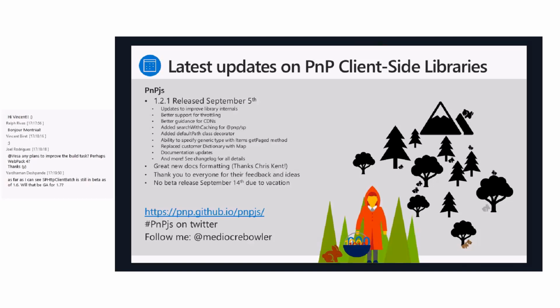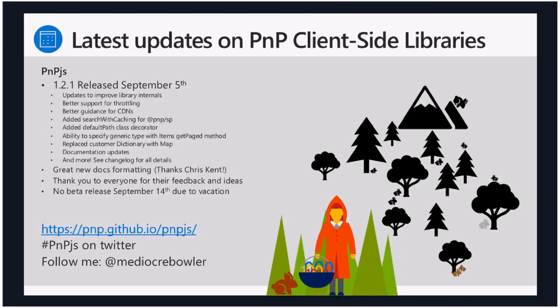And 1.2.1 was released on September 5th, so that's roughly a week ago. And there have been a lot of improvements on the code base. There's a new documentation platform. We aligned our documentation platform in the PnP, because PnP JS was using a slightly different model, so everything is now aligned with a similar process.